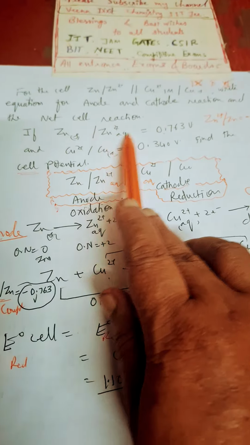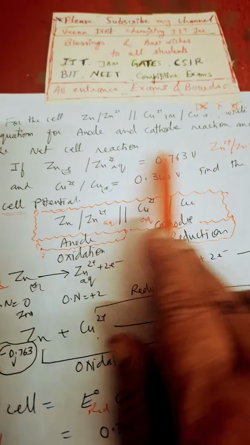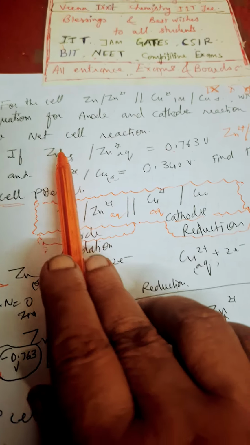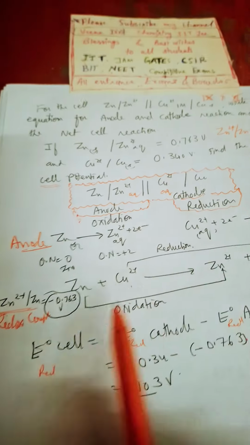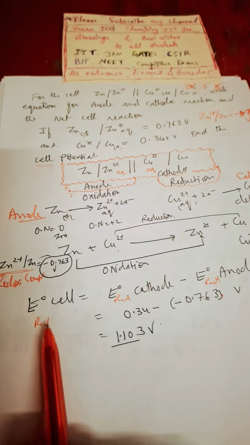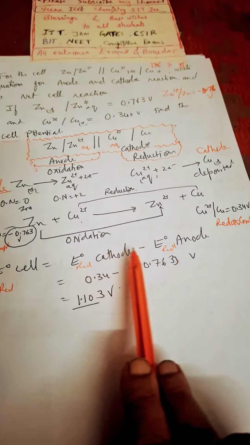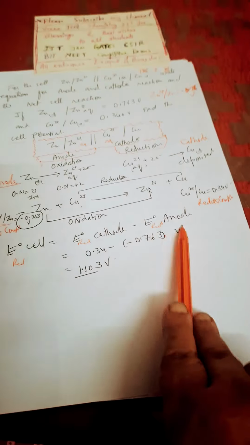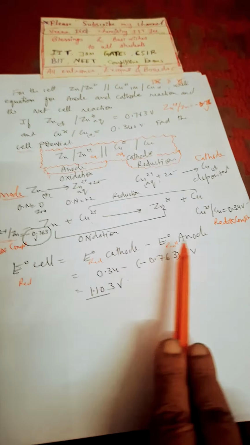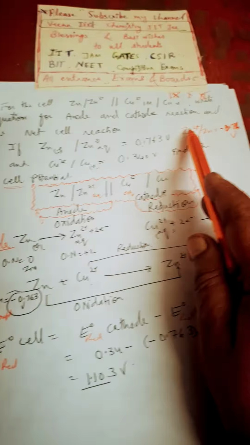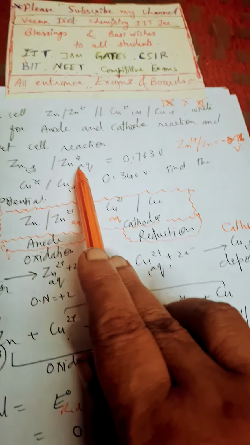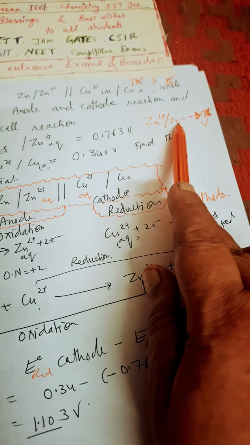Now they have given Zn2+ | Zn as 0.763 volt. This is oxidation potential, Zn is oxidized to Zn2+, but we are doing E naught cell, which uses reduction potentials: E naught reduction of cathode, E naught reduction of anode. So we have to convert this to Zn2+ | Zn.